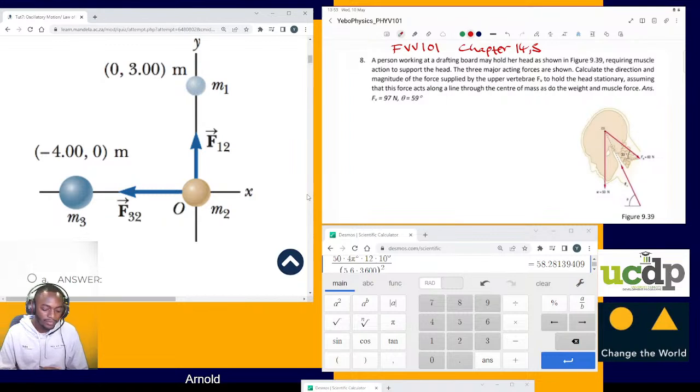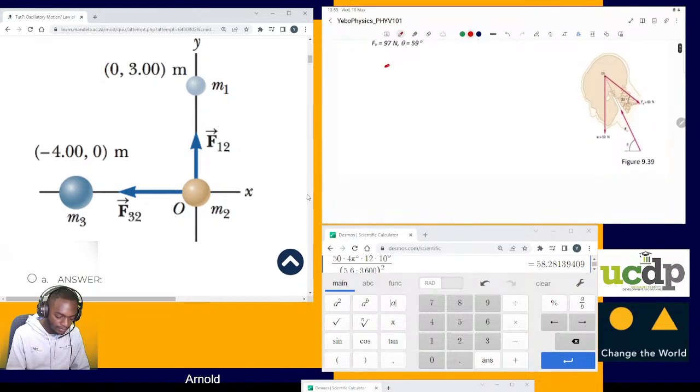All right. So we're going to put a sketch. So this is our center of mass, and we've got the weight equal to 50 newtons, and we've got this force that we have there, which is Fm equal to 60 newtons.